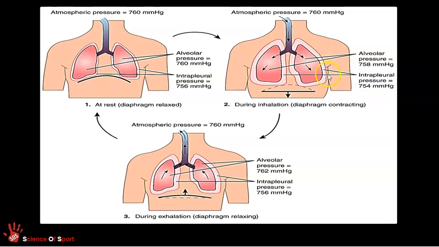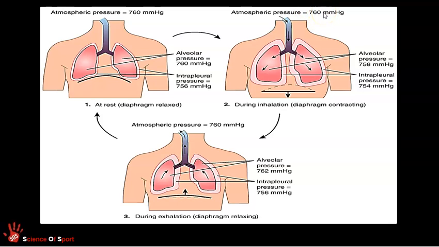Now with Boyle's law, we know that if the volume increases, the relative pressure inside decreases because it's inversely related. You can see on this diagram that when we're breathing in, our alveolar pressure drops from 760 to 758, so it's lower than the 760 outside.